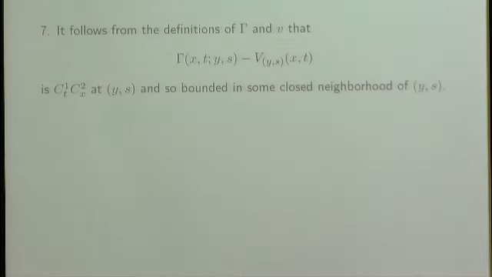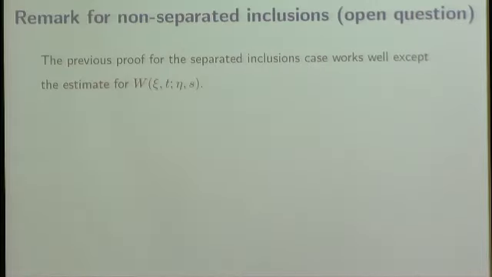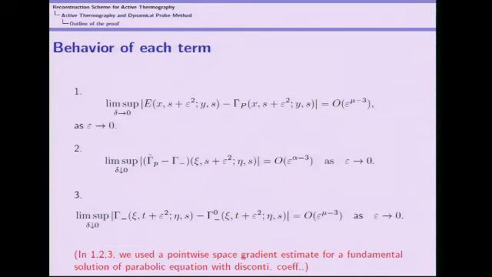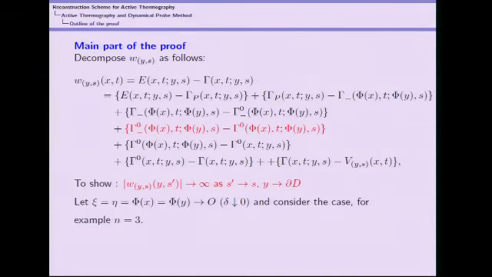Okay, so let me give you some remarks. The previous proof for the separated inclusion case works well, except for the final estimate of W. W is this difference, gamma minus 0 minus gamma 0.